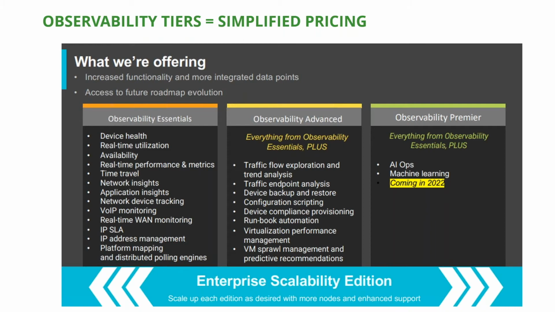So here's what is available right now with the SolarWinds Observability Essentials tier. You're able to gain operational visibility into network infrastructure, device health, availability, applications, and more, in the presence of intuitive dashboards and deep analytics.